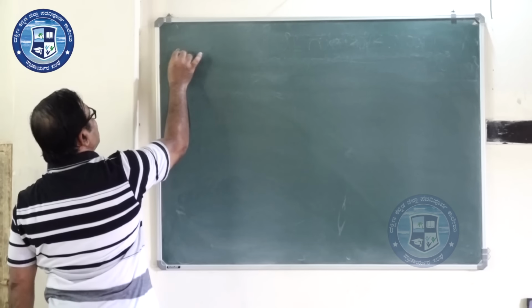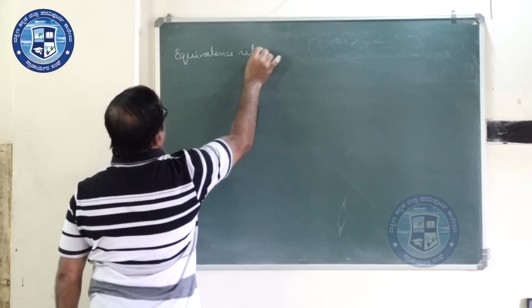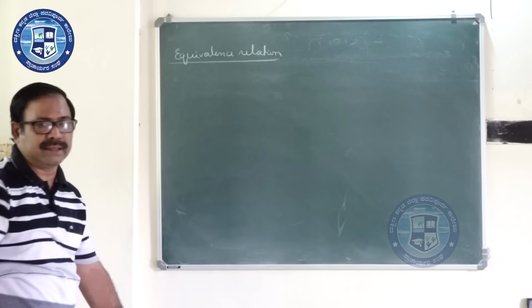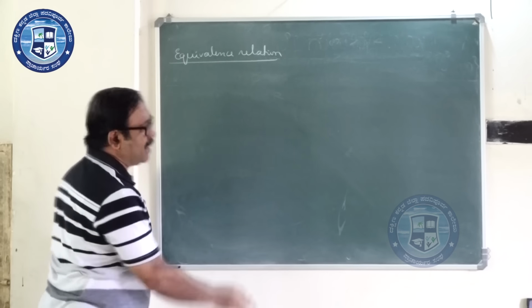Now there is a relation called equivalence relation, very very important. This definition was also asked in the exam for 1 mark. Define an equivalence relation, give that statement properly.